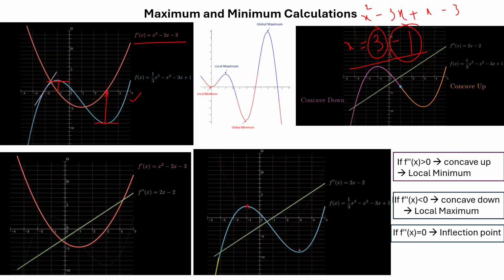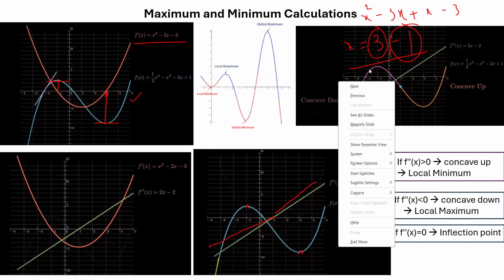And at minimum points, the double derivative is greater than 0, right? Till this point, we have values less than 0. After this line, we have values greater than 0.